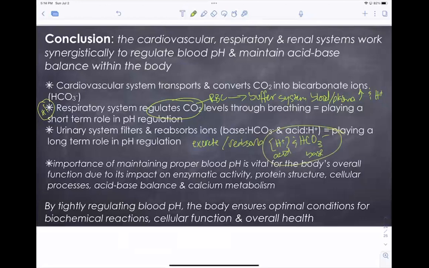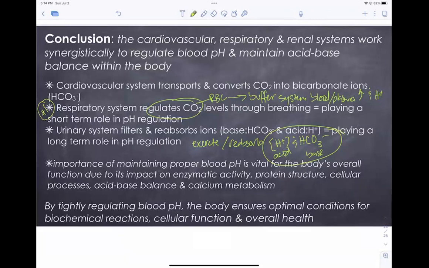And so these three systems are monitoring and controlling blood pH in the short term and in the long term, really to maintain enzyme structure, hormone structure, neurotransmitter structure, proteins. These are all protein structures. It enables cells to transport things in and out of the cells through channel proteins and ion channels, and also calcium metabolism, right?